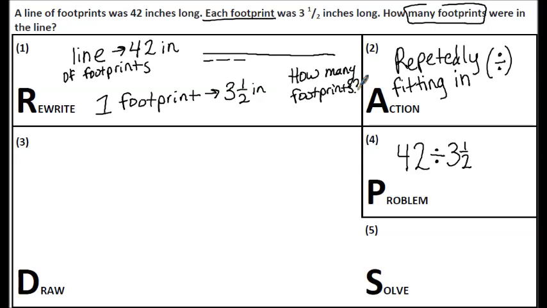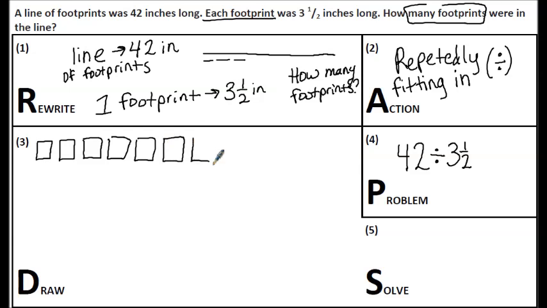So if we're drawing a picture, we can draw a number line. You could draw circles, boxes, anything to represent that. And if we're talking about inches, I'm just going to stick with boxes because that's what I feel comfortable with. If you want to do a number line, you could do that as well. So I'm going to draw a box, and each box is going to be represented by 1 inch.